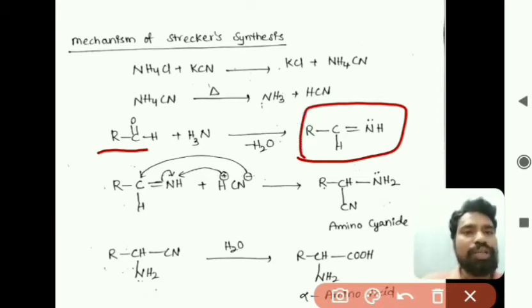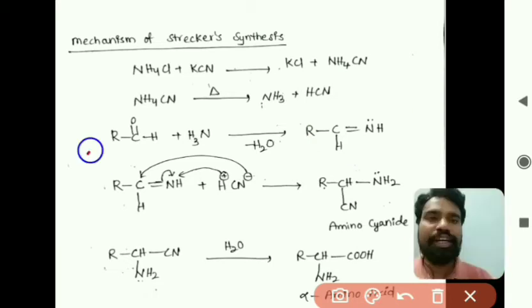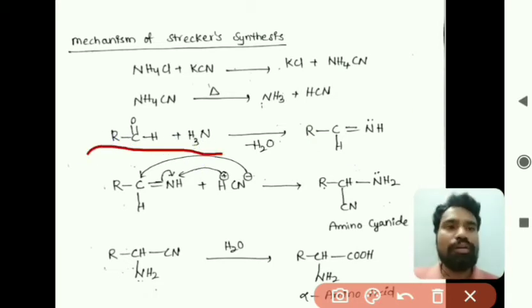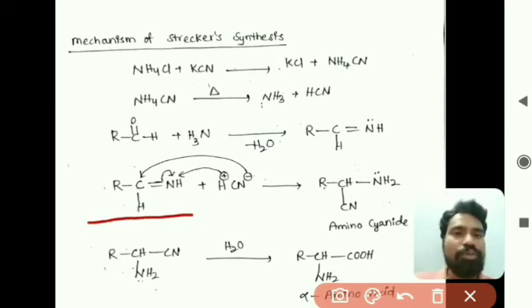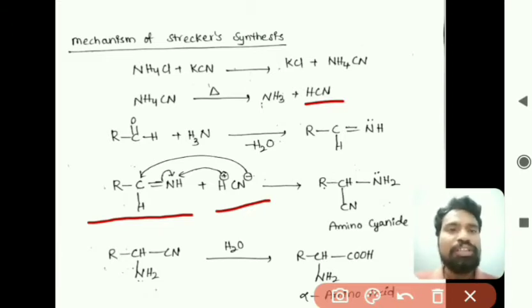Because of the reaction between the aldehyde and ammonia, by leaving water we get an imine, RCH=NH. Now this imine reacts with the hydrogen cyanide formed here, that is H+ and CN minus.